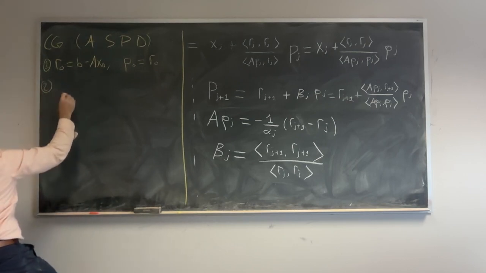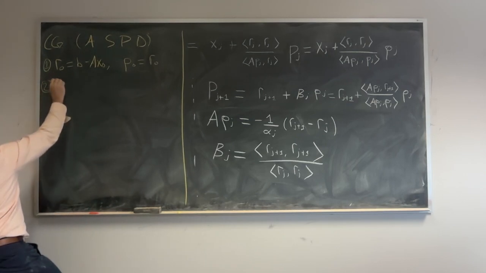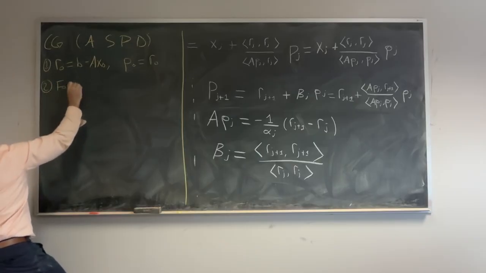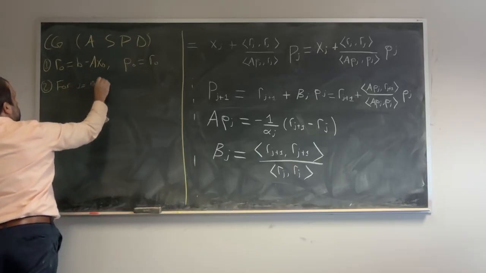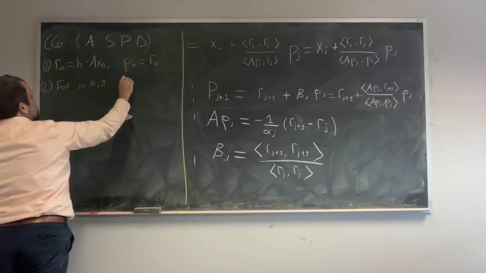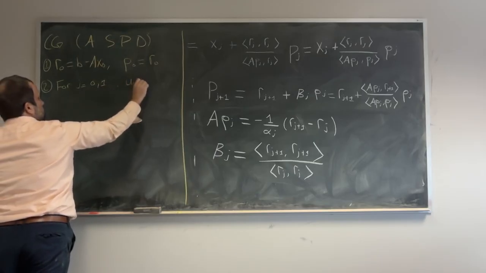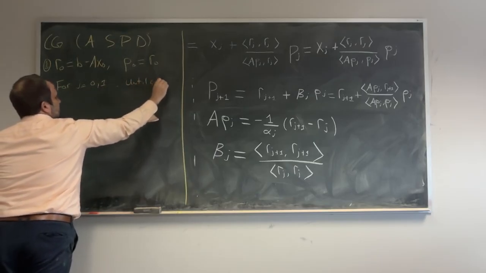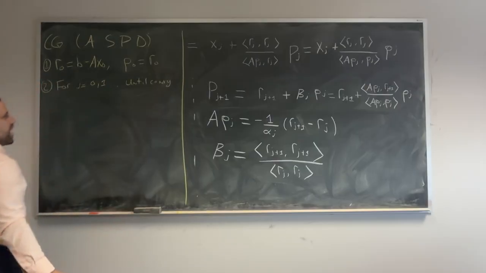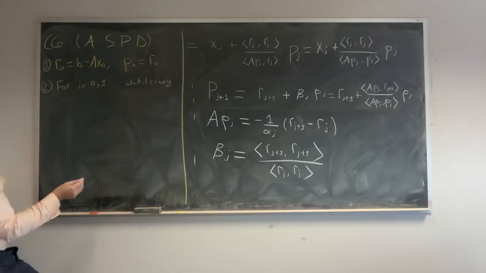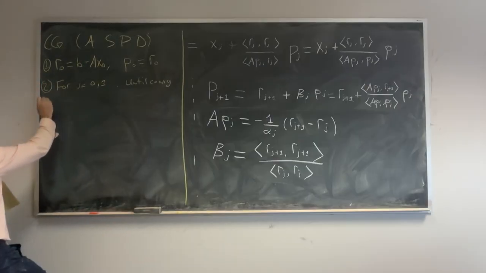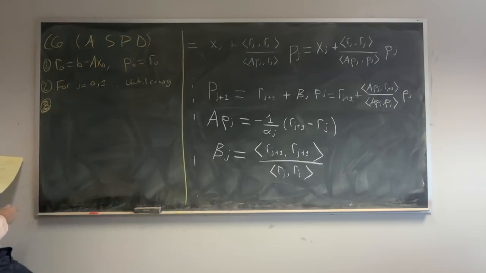We're going to have a loop here. This is the outer loop for j equals 0, 1 until convergence. That is until the relative residual is what we need it to be, within whatever tolerance we set. Sorry, that's 3, not 2.